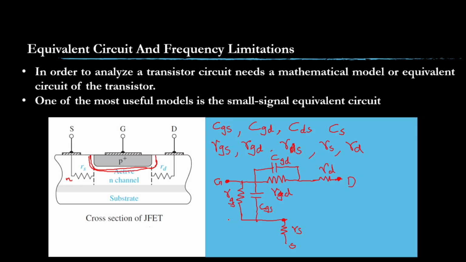This is my source here. And between drain and source, what will be there? There will be one parasitic capacitor and the channel resistance. Channel resistance is usually represented by RDS.